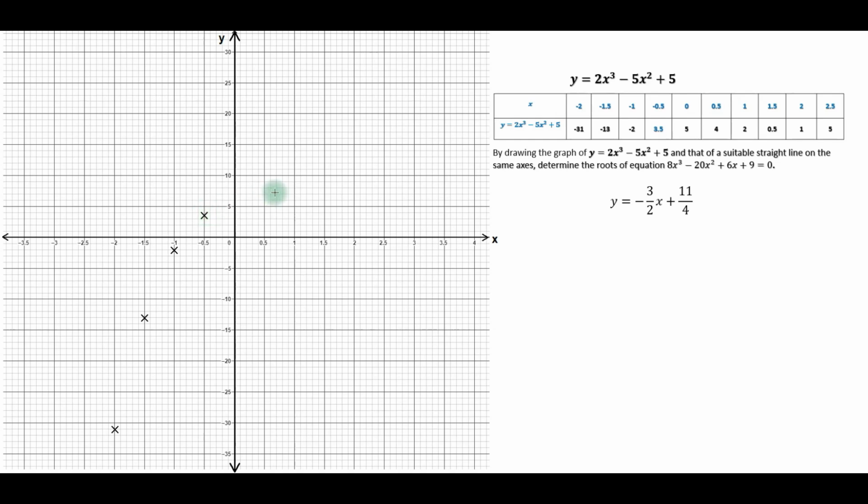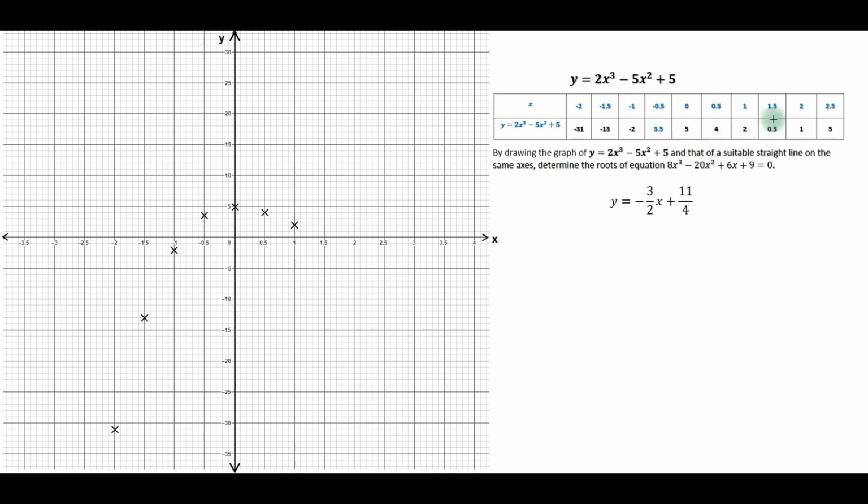Then when x is 0, y is 5. That mark. When x is 0.5, y is 4. So 4 is at that point. Then when x is 1, y is 2. X is 1, move 2 steps upward. So that's where the point is.